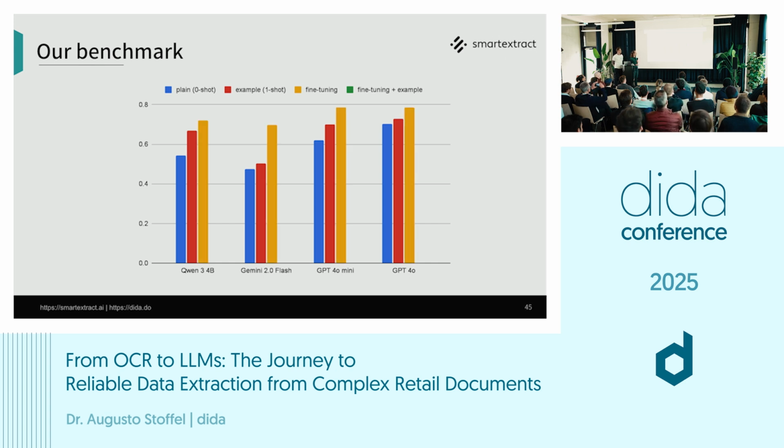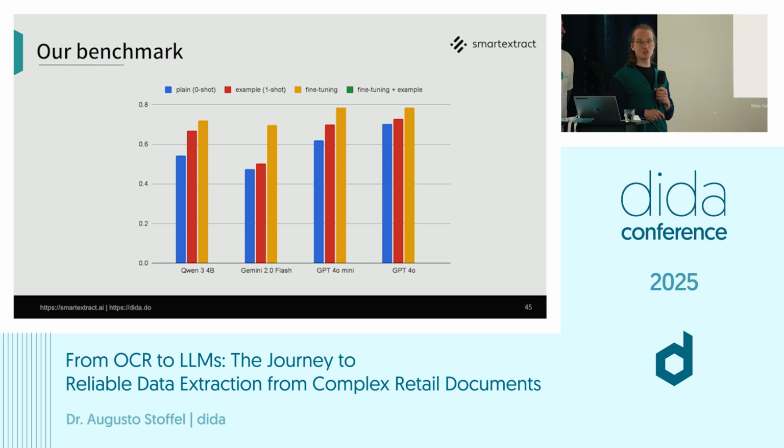Okay. Then again, using the GPT Mini or the big one, really the same performance, no difference. Gemini finally learned the data format we were expecting, and it's also competitive, and yeah, Qwen also improved a bit more than by using examples. And then you could try to combine both things, fine-tuning and examples.